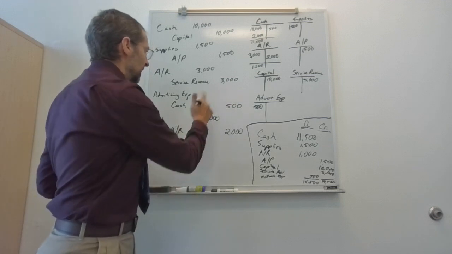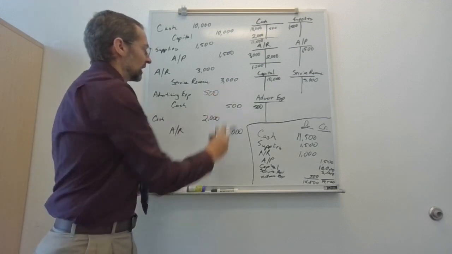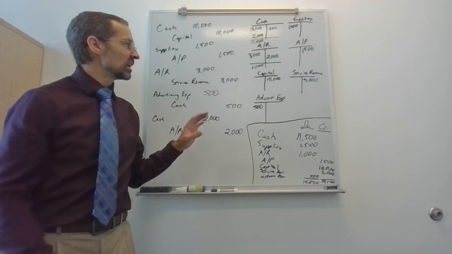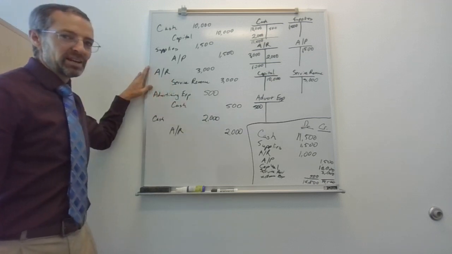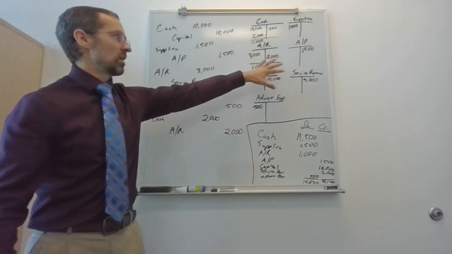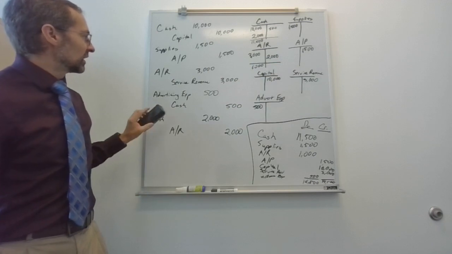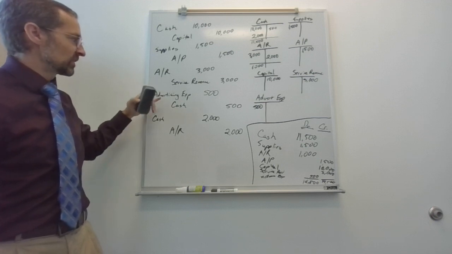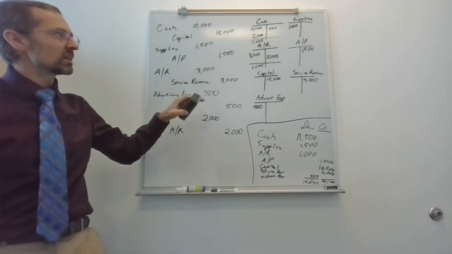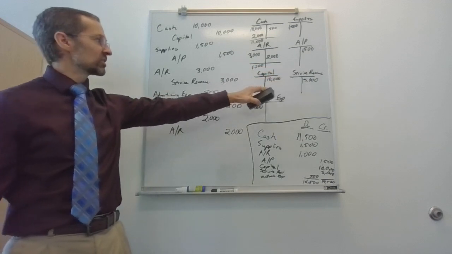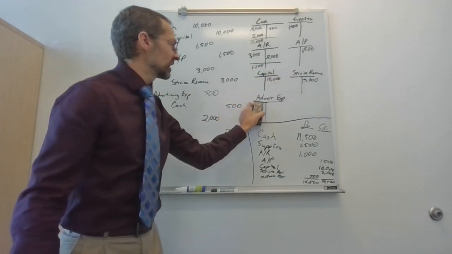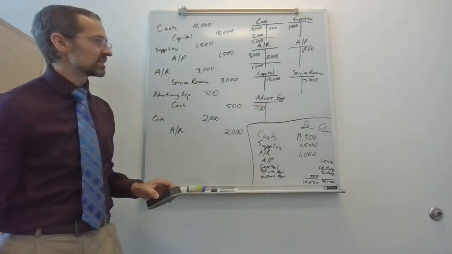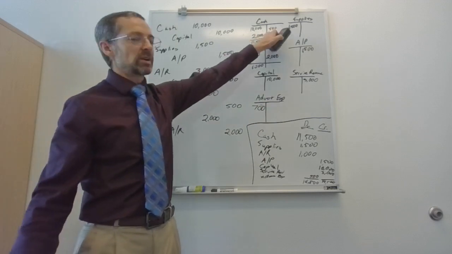A very common mistake, especially in this class, is you do the journal entry right, but you do the ledger wrong. So let's say you entered this one right. You said advertising expense 500, cash 500, but then you went over here to the ledger and you accidentally typed in 700 on the advertising expense, but you did the cash right.